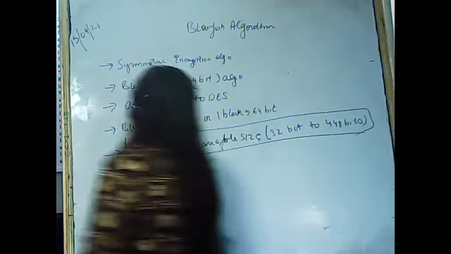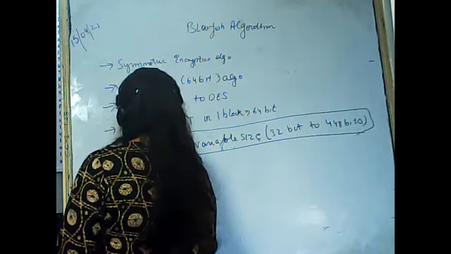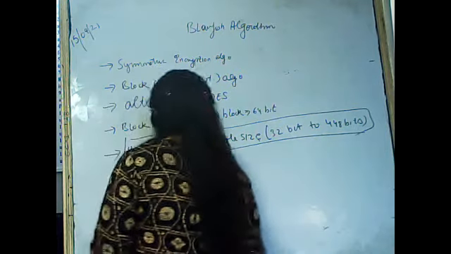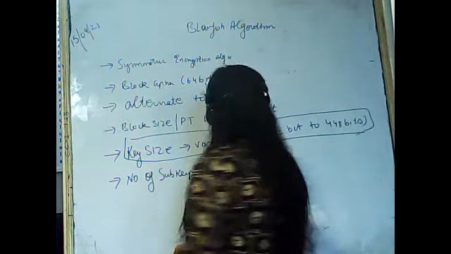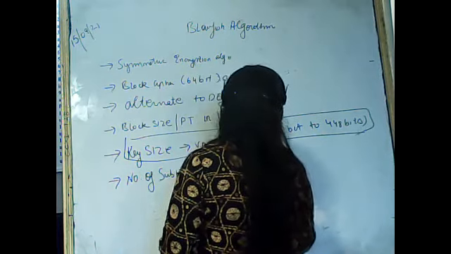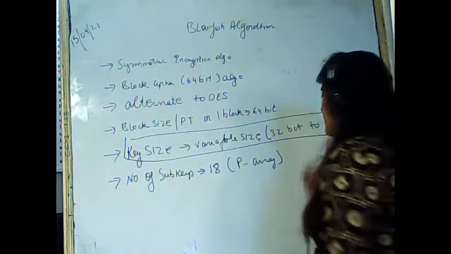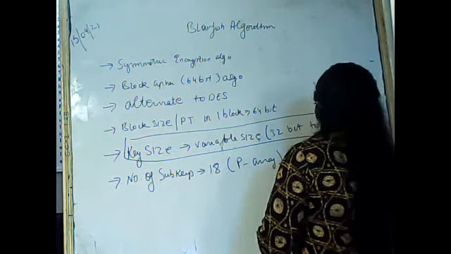We also have the number of subkeys, which is 18. This is the size of keys, and this is the number of subkeys. In total we have 18 subkeys, and we represent them with the term P array, starting from P0 to P17.